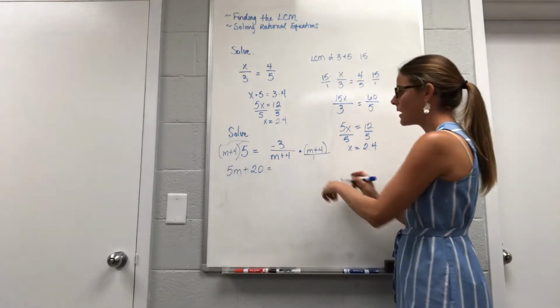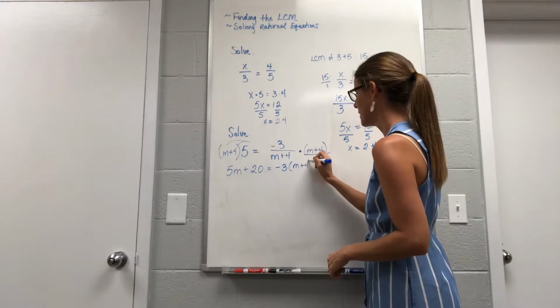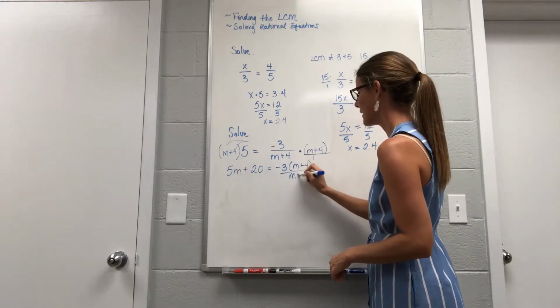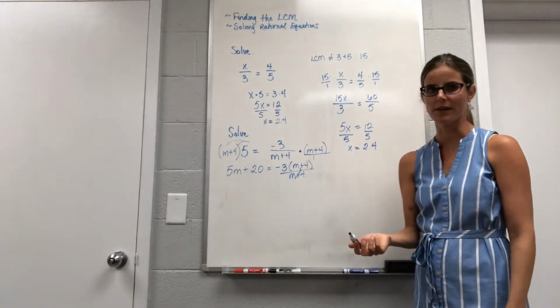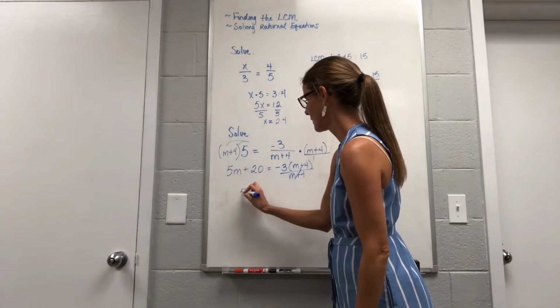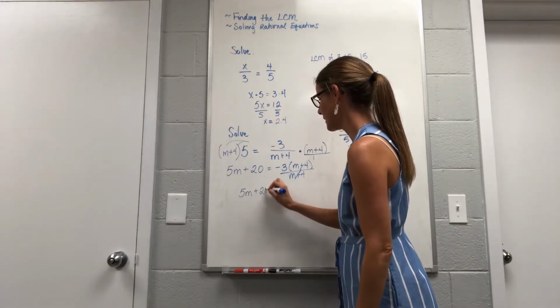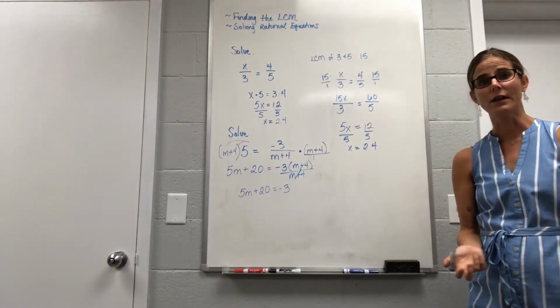And then over here, what I would end up with is -3 times m plus 4 over m plus 4, and you could maybe see this in the previous step, but those just cancel out, so you're really just left with -3 there. And then this will be 5m plus 20 equals -3. And then it's just a matter of solving from there.